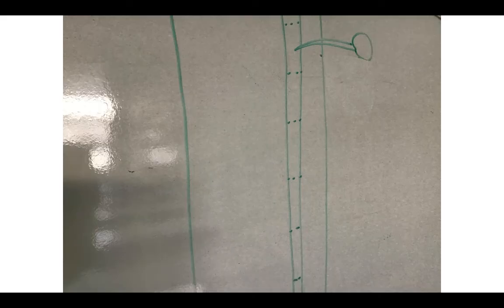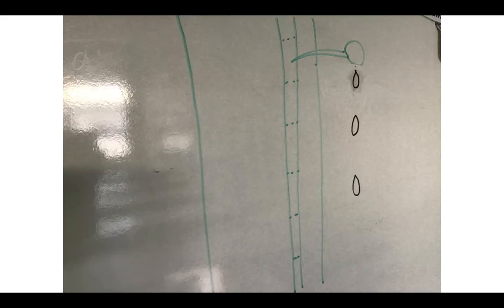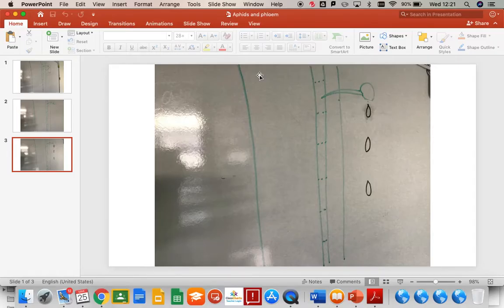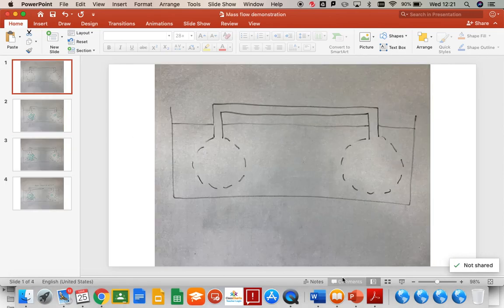Then you remove the head of the aphid, and what you notice is that the sap still drips out from the back of the aphid's head. So this is telling us that the sap in the phloem is under pressure, whereas in the xylem we had it being sucked up. The opposite of that, this is showing it's got high hydrostatic pressure and will leak out anyway. Right, back to that in a minute.